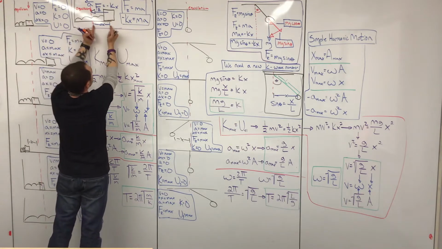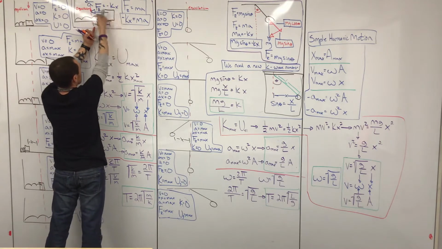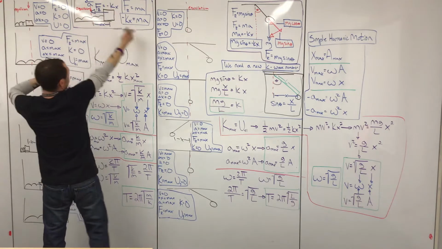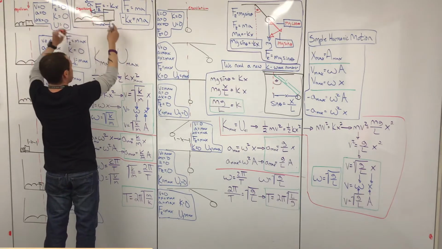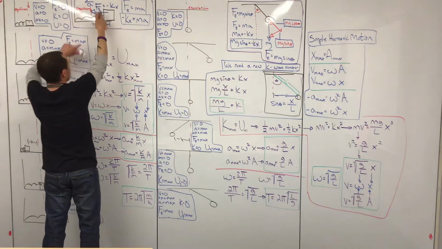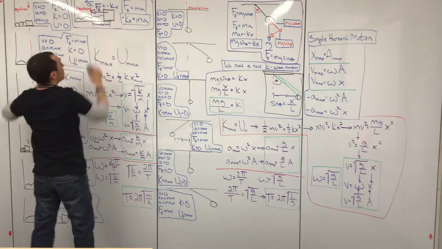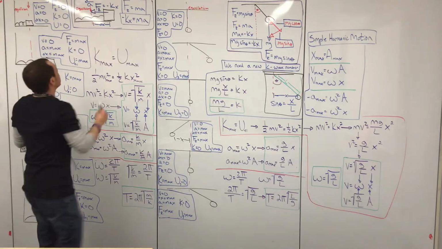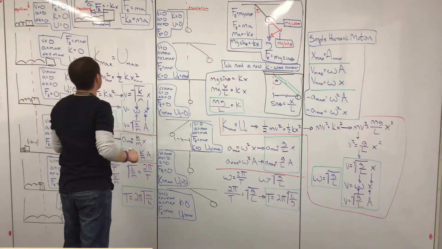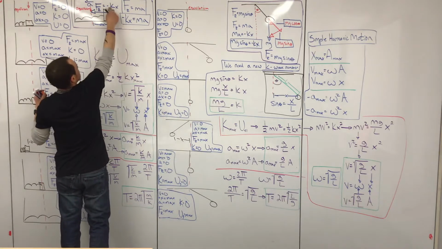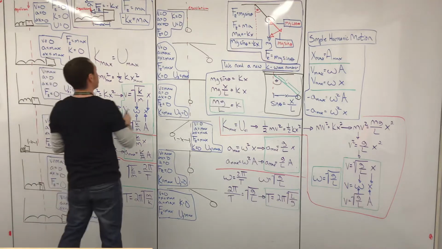When I'm furthest from equilibrium, the net force will be pointed towards the equilibrium point, because that's what the restoring force is trying to do, restore it back to its original position at that equilibrium point. Acceleration and restoring force are proportional, so they'll always be in the same direction. So restoring force is toward equilibrium, so will acceleration. And that restoring force is equal to negative kx. That's what we know from Hooke's law, okay?